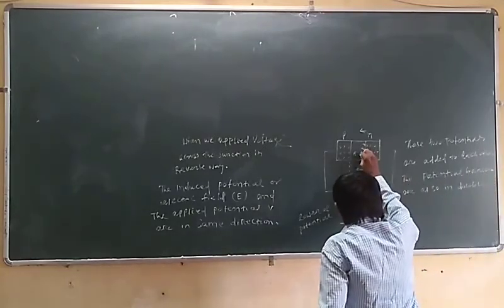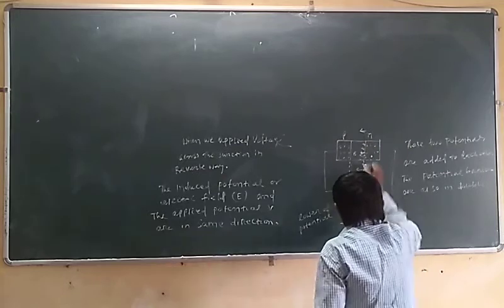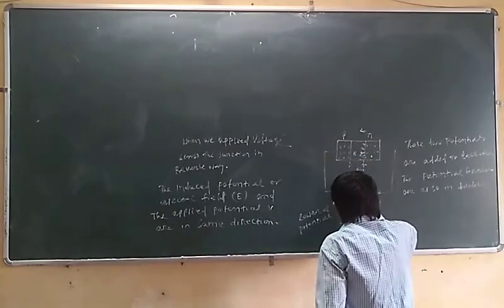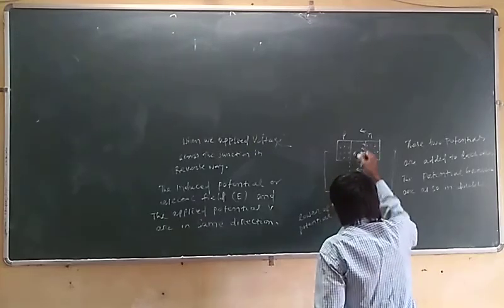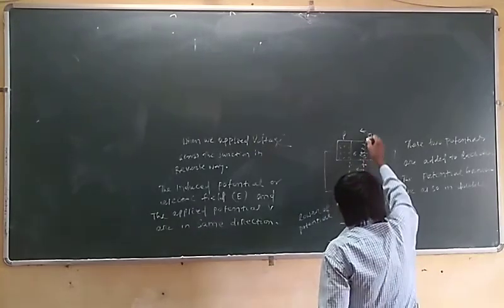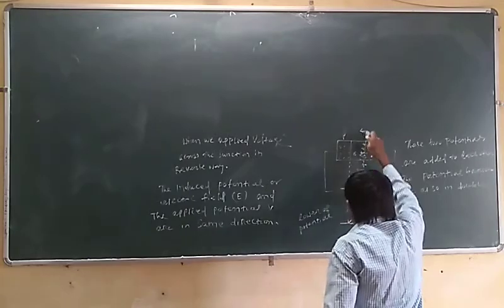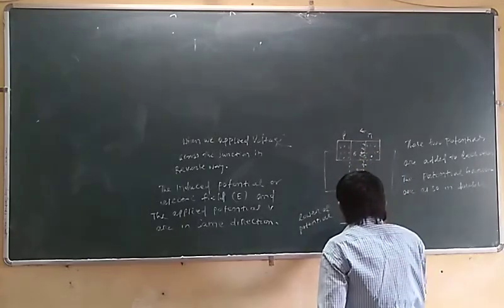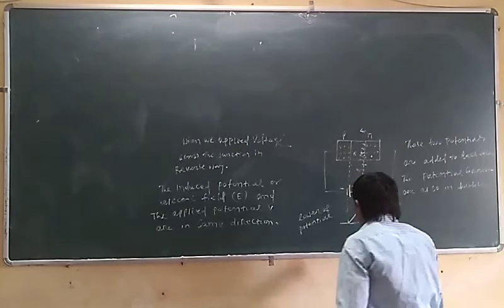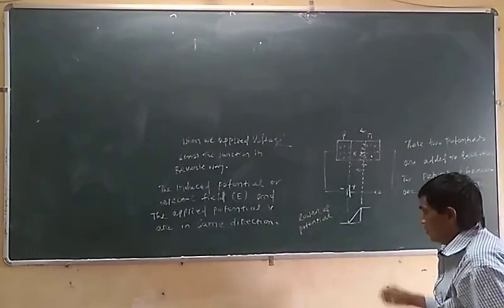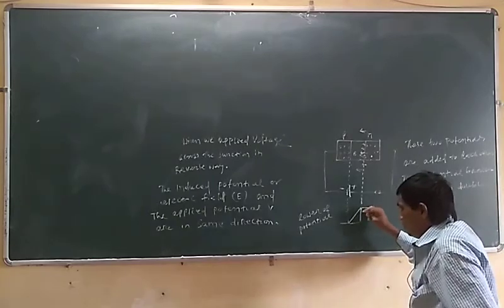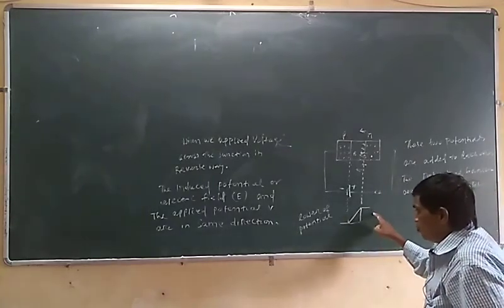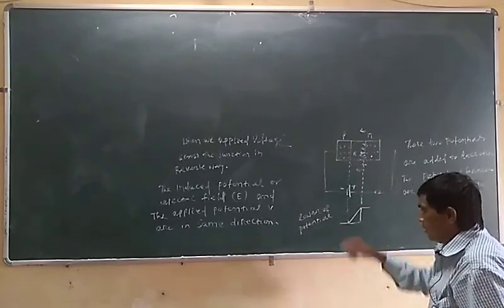This is the electric field or induced potential, and the barrier potential and the applied potential. Induced potential and applied potential are in the same direction. These two potentials are added, then it will double. So this barrier potential will be more, then it is not possible for the charge particles to jump from this side to another side.